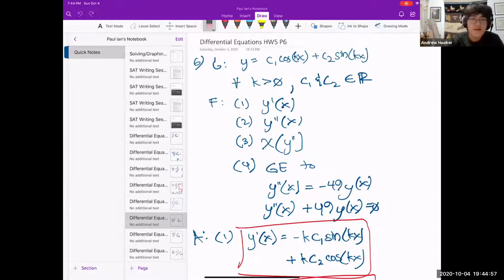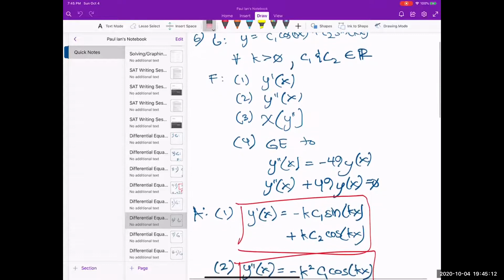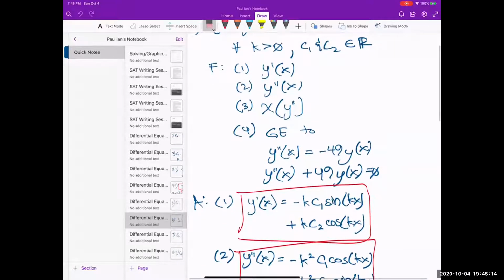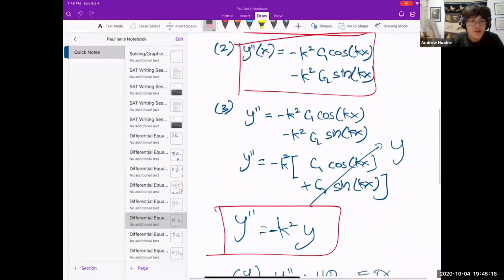Yeah, it was 6, 7, and 8. So let's look at number 6. Find the following. You just have to find the y primes, right? Yeah, it was the very last question, to find the general solution.